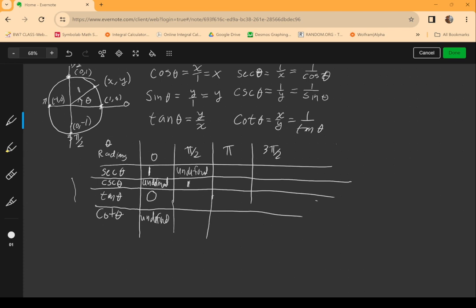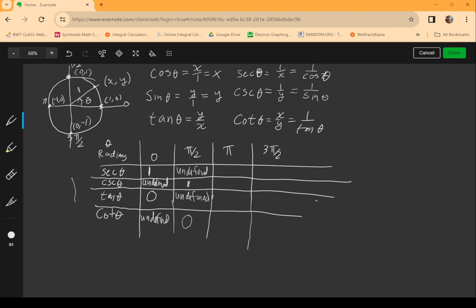Moving on to the tangent, think of it as y over x. Now we have 1 over 0, but division by 0 is not allowed, so it's undefined. But on the cotangent, we have 0 over 1, that is defined, and it is the value of 0.